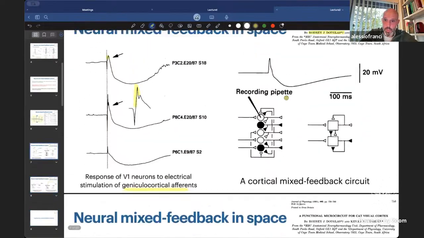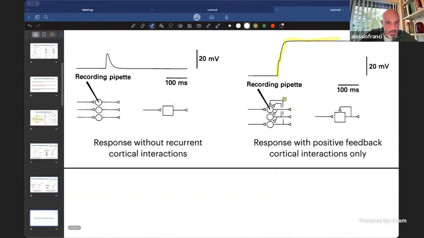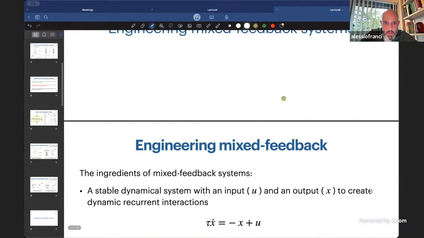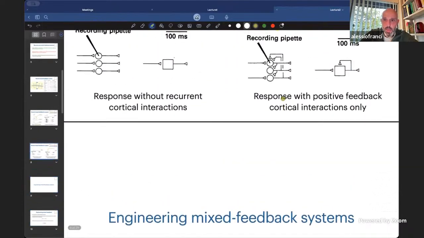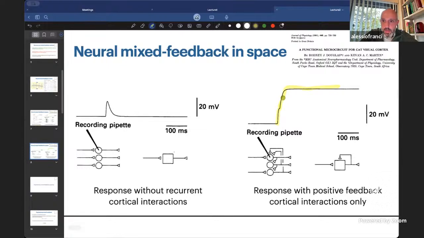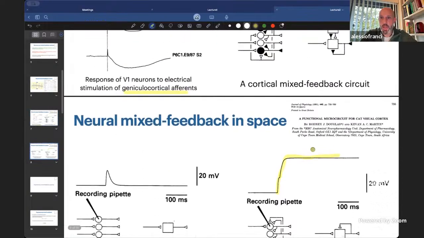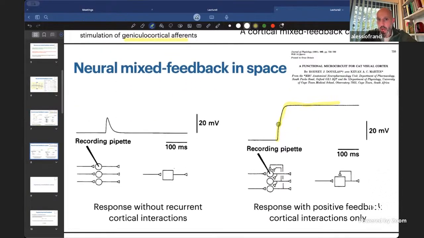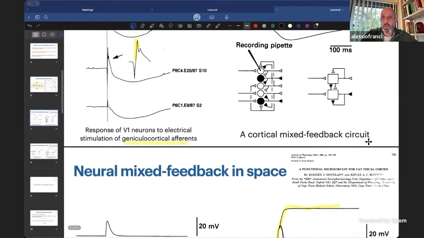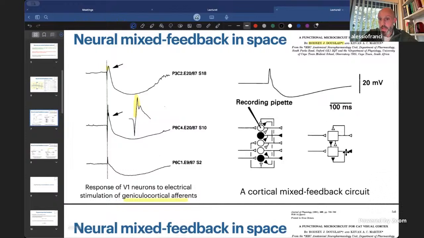In order to explain why you don't remain up, but at a certain point you go down and then go down much further, you need this mixed feedback circuit now at the neural population level.